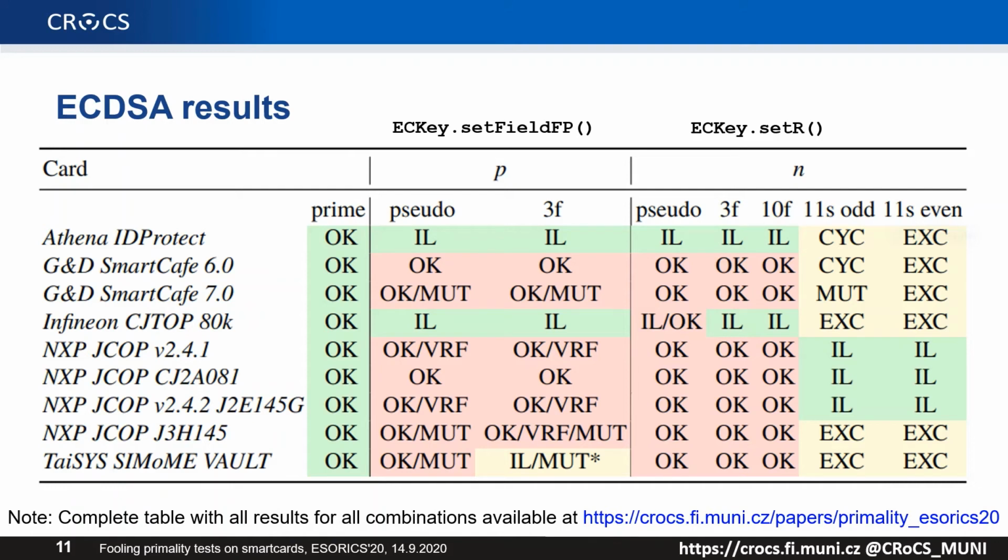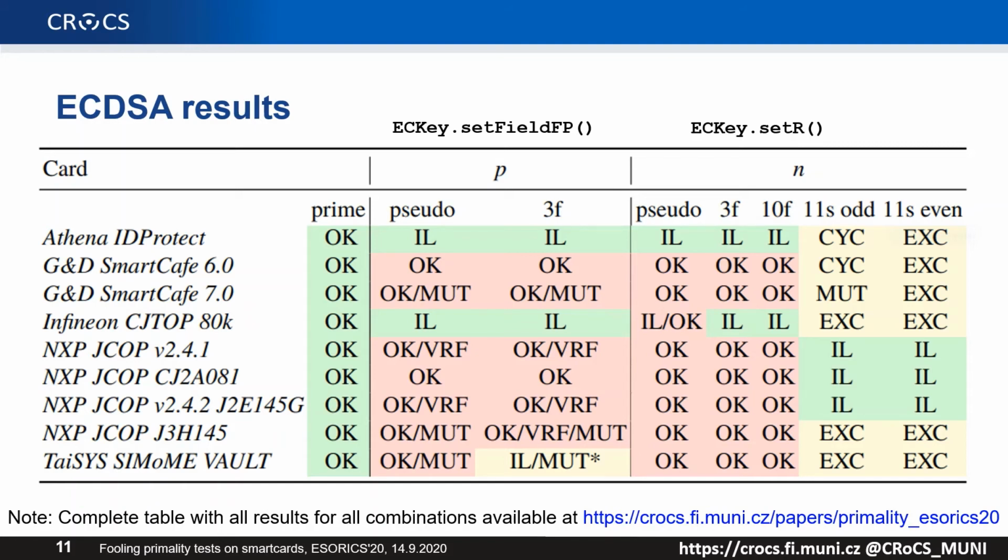How to interpret this table? If it's green, this means the card correctly accepted or rejected as expected, from the defender's point of view. If it's red, it means the card accepted the input despite being composite, and if it carried on the computation, an attacker would be able to get the private key.